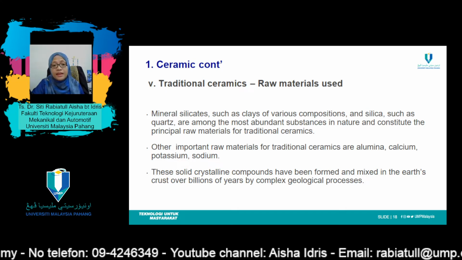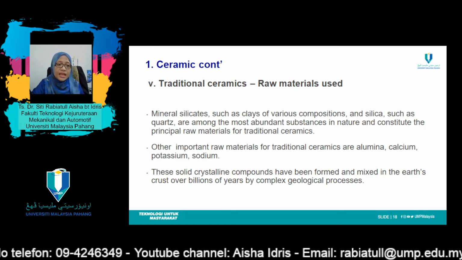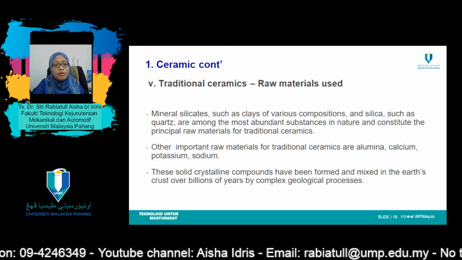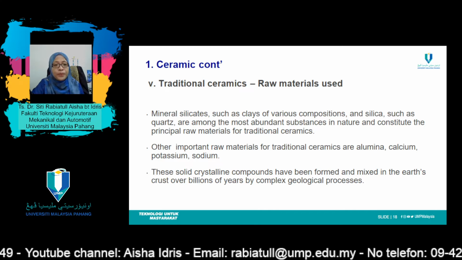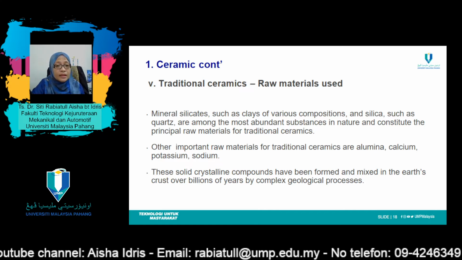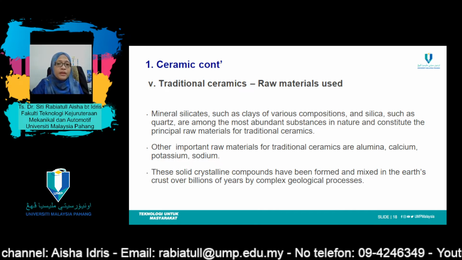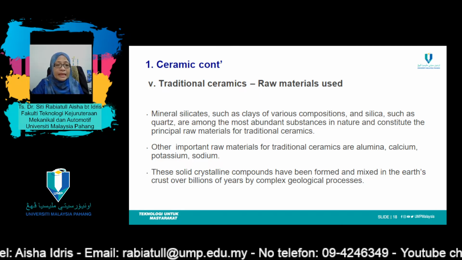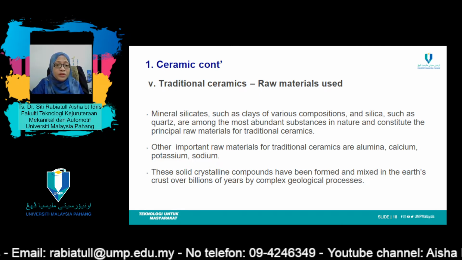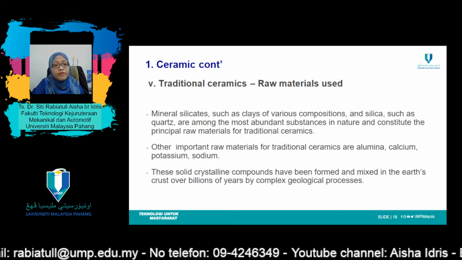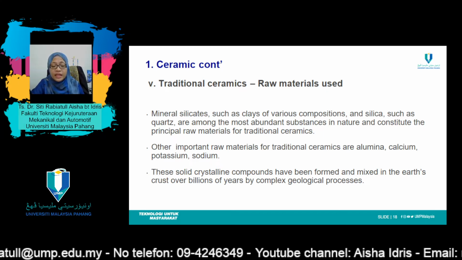In most cases, these materials are silicates, that is, compounds based on silica, SiO2, the oxide form of the element silicon. So common is the use of silicate materials that traditional ceramics are often referred to as silicate ceramics, and their manufacture is often called the silicate industry.